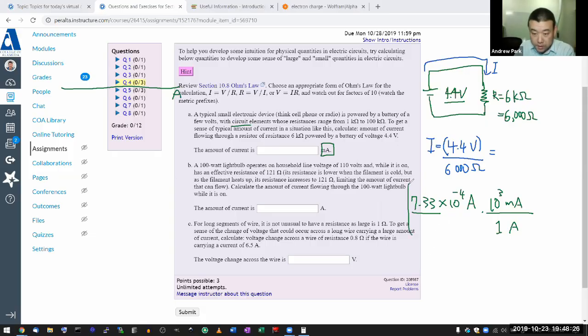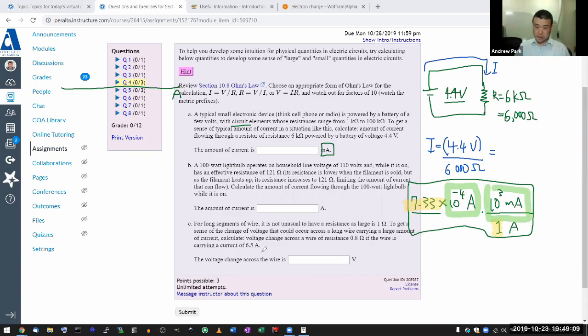On a multiplication like this, what you really want to do is separate the two parts. So you do the calculation based on these leading numbers first, 7.33 divided by 1. And then later on, you work out what this exponent would be, 10 to minus 4 times 10 to the 3.